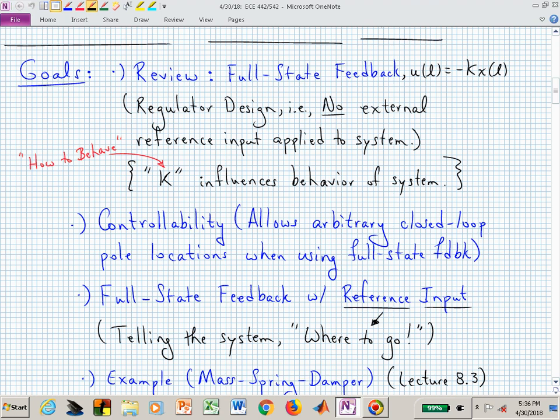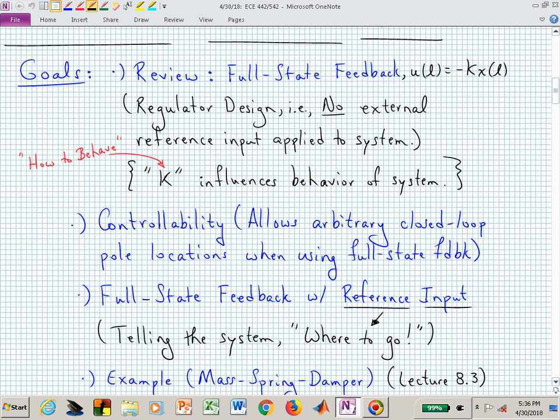If you had behavior in people, now getting them to behave is basically selecting the K matrix. We'll then tell them where to go in finding or using the reference input, and that will be after we've talked about behavior. Behavior just says behave, and it tells us how to move. But then how do we move to a different location?